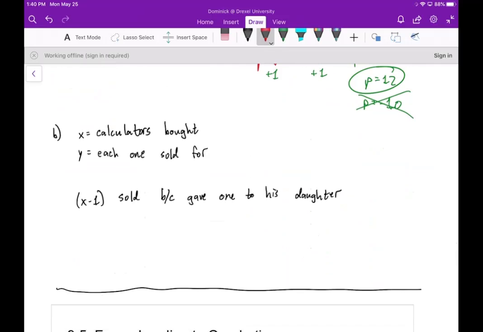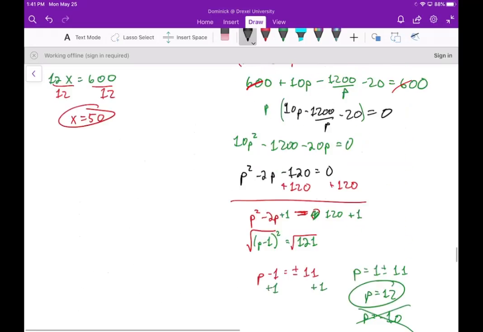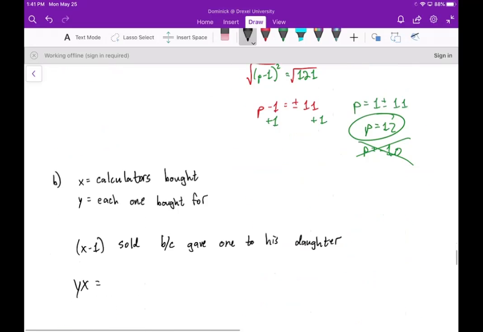Right? And we actually probably even need another variable here, right? We need to say that, well, actually, let's put it this way. Let's say that this is each one that he bought for, right? So he originally bought Y times X calculators, and that was for a total expenditure of $240.